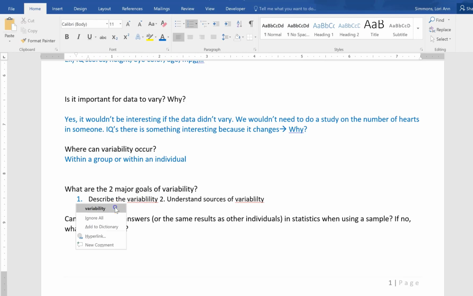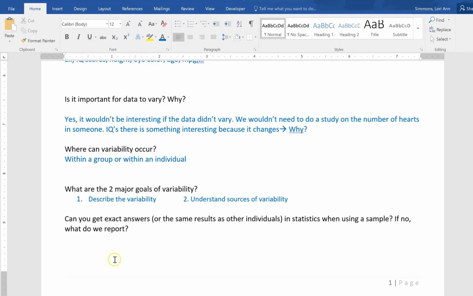So if we think about this, with our sleeping through the night, or the amount of sleep that we received, well, we're describing the variability, and then we understand that the variability comes from maybe having to work or having extra homework that night.